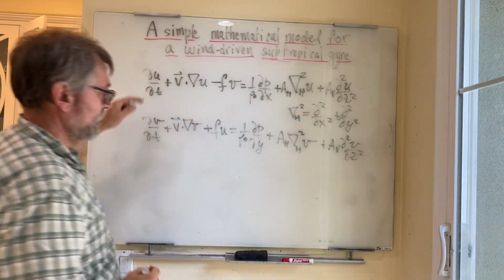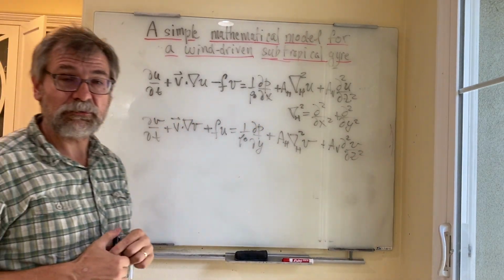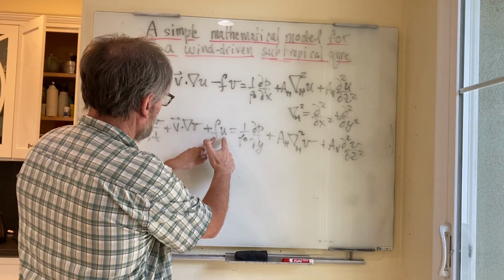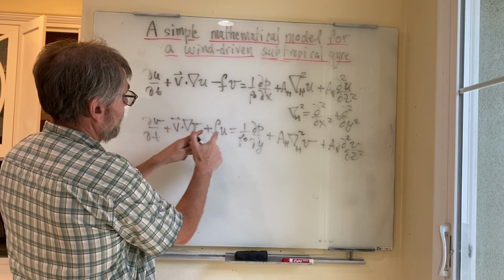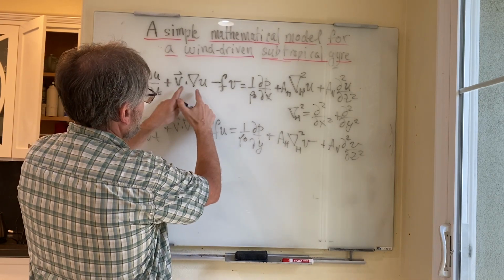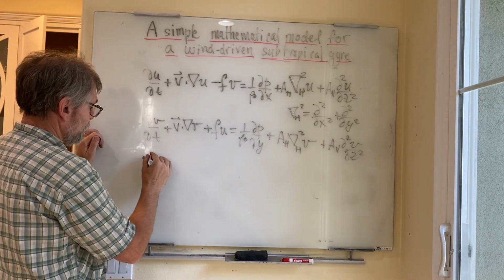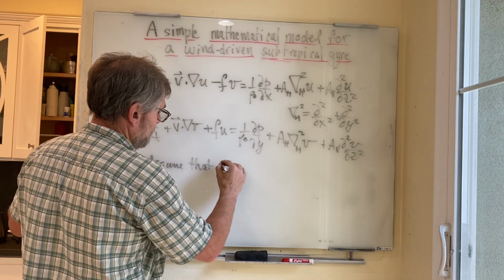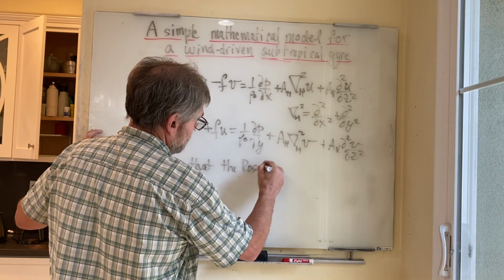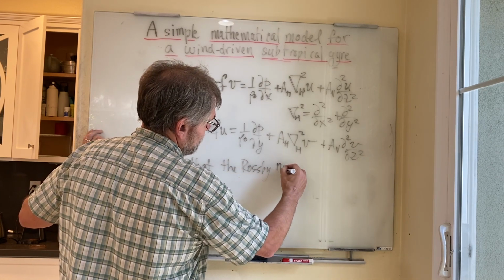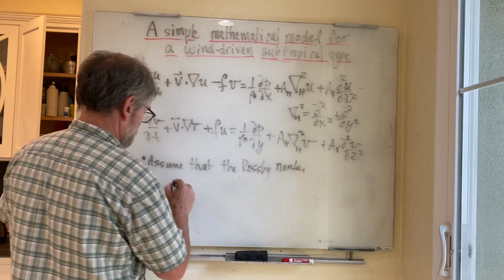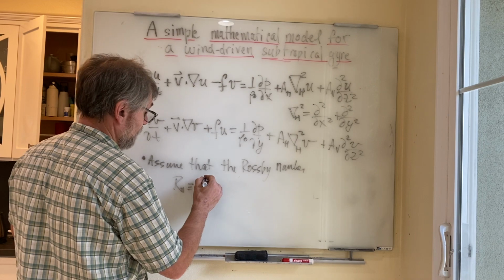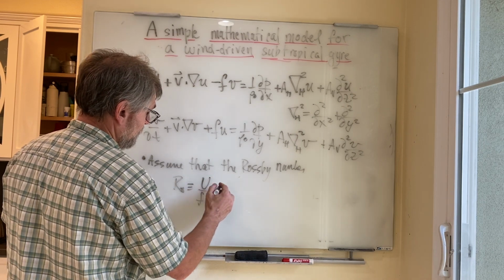Okay, and now we're going to make the same approximations we talked about last time. We're going to assume that the ratio of this to this is small, so we can neglect this term in favor of this one, or neglect this one in favor of that one. In other words, we assume that the Rossby number, which is defined as the velocity scale U over fL, is much less than 1.